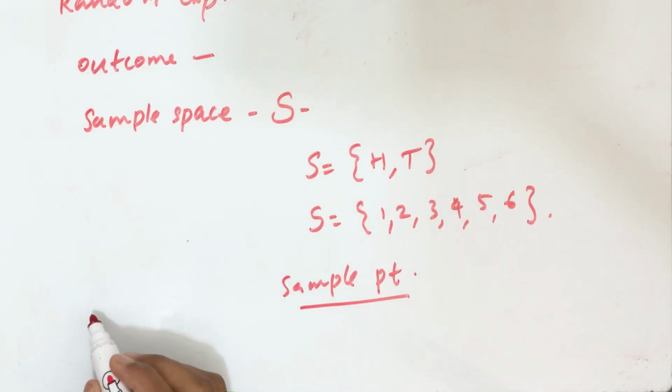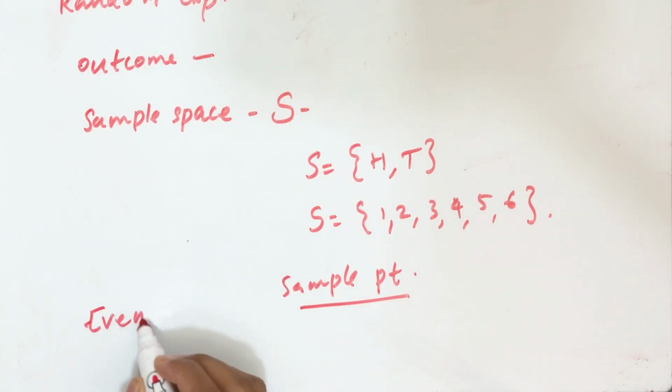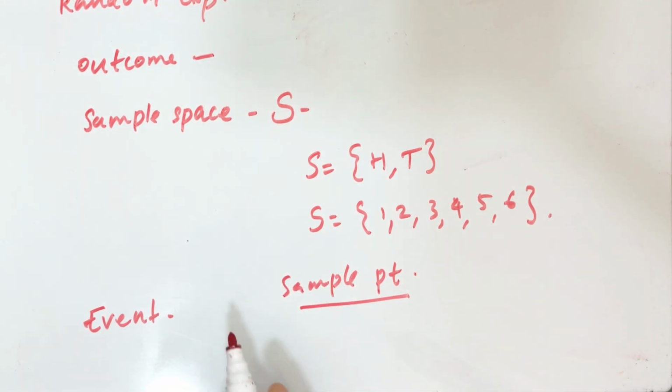And the last most important term is event. An event means some outcomes of the random experiment, or we can say it is a subset of a sample space. For example, in tossing a coin, getting a head is an event, or getting a tail is an event.